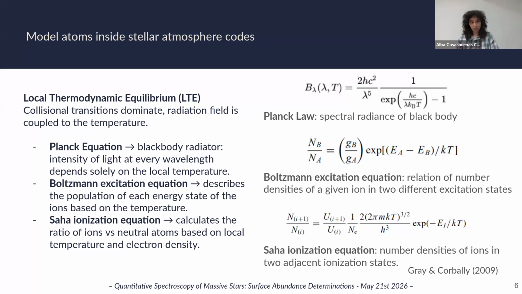We have the Boltzmann excitation equation, which describes the population of each energy state of the ions, also based on the temperature. And we also have the Saha ionization equation, which gives us the ratio of ions versus neutral atoms, also with regards to the temperature. So only by knowing the temperature, we can get an approximation of the physics of the atmosphere.